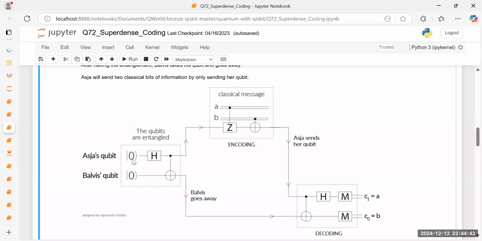So it's a yes or no question. You can type in the chat. Will it be possible that instead of Asha being the one to encode the information and send to Balvis to decode, Balvis encodes the information and sends his qubit to Asha to decode it?